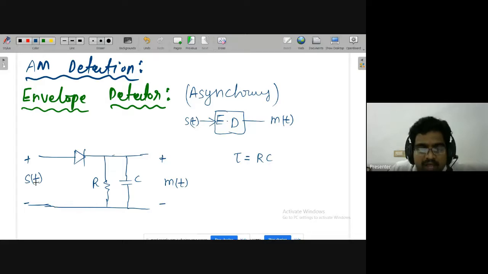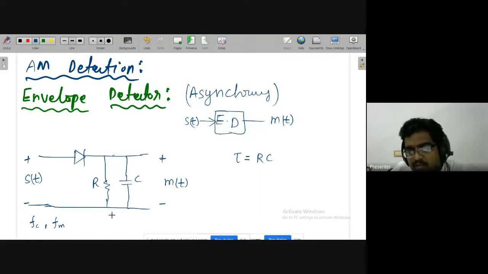Now in s(t), we have two frequencies: one is fc and the other is fm. The envelope varies with fm, but inside the envelope, the signal varies with fc. There are two signals. Then there is some relation between the RC value and these fc and fm.